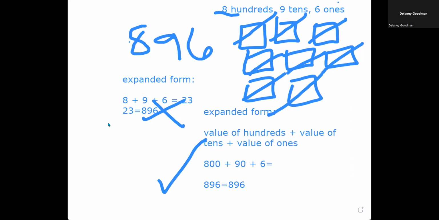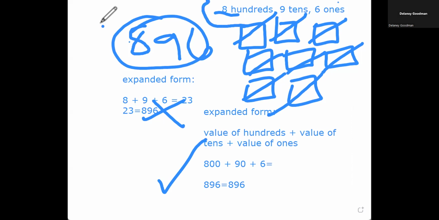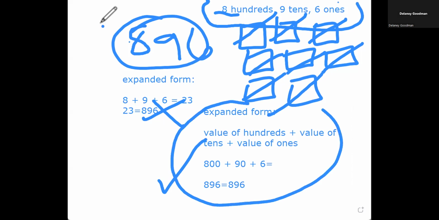So we have the standard form, which is the written number, how we see it more often than not. Then we have the base 10 language, where we talk about how many hundreds, how many tens, and how many ones there are. And then we have the expanded form, where you tell me the value of each digit.